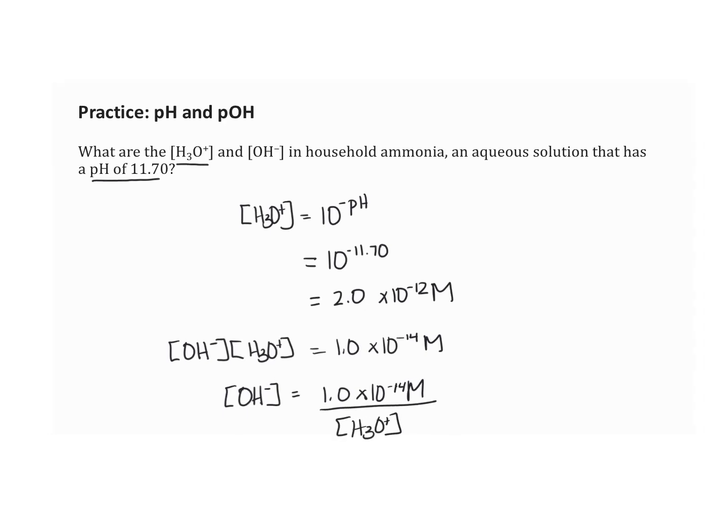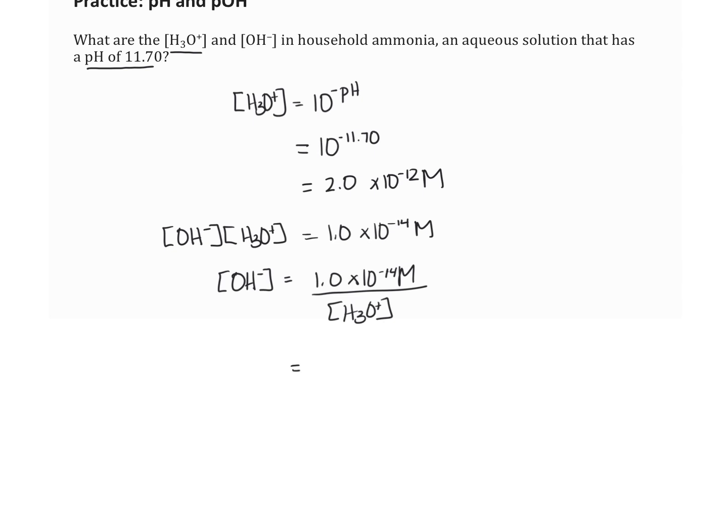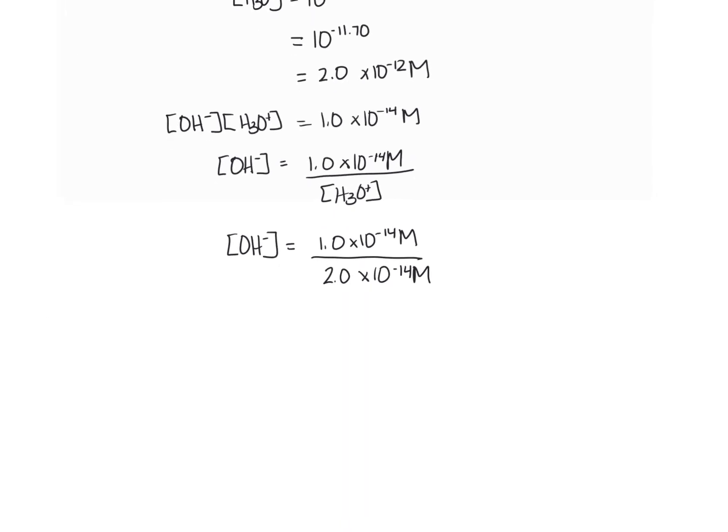We can now plug in our numbers: 1 times 10 to the negative 14th divided by 2.0 times 10 to the negative 14th molar. That should tell us our concentration of OH-. When you plug these into your calculator, I suggest putting parentheses around these as you're dividing, that just tends to come out better. You should get 5 times 10 to the negative 3rd molar.